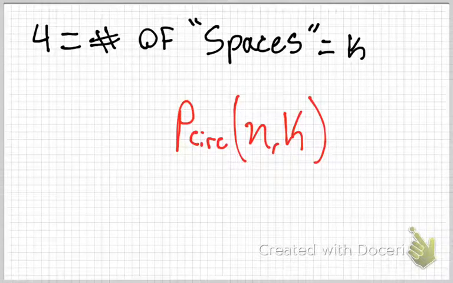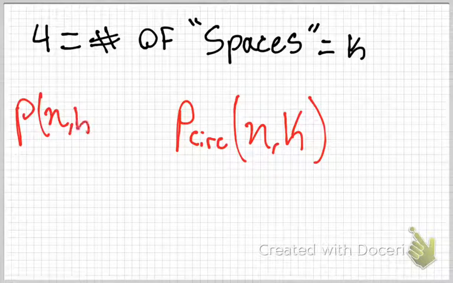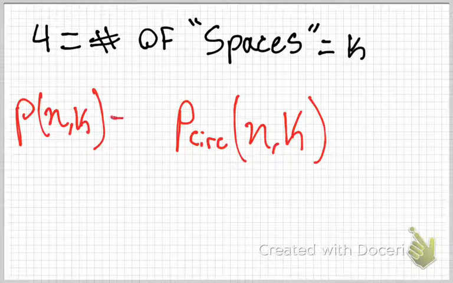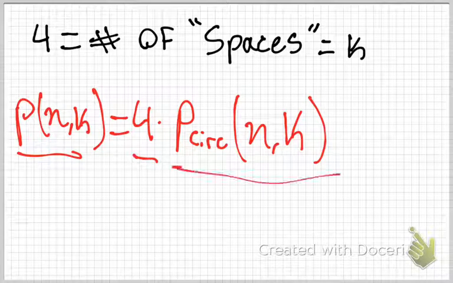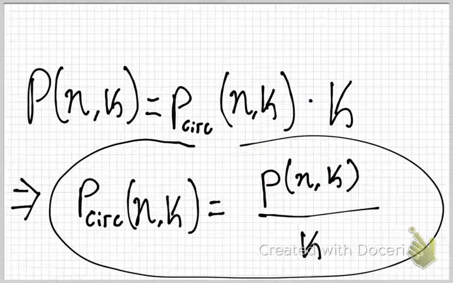So naturally, the number of regular permutations, P and K, is equal to 4 times the number of circular permutations. And that makes sense because every time we get a new circular permutation, it corresponds to 4 different regular permutations. So that makes sense that the number of regular permutations would be equal to 4 times the number of circular permutations. All right. Now let's go on to derive the formula.